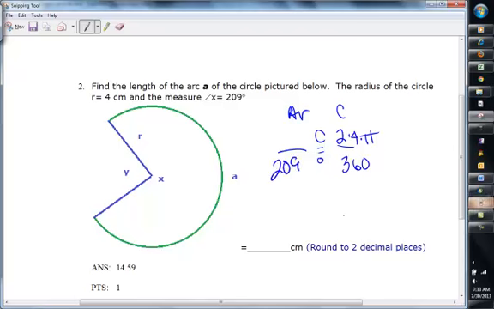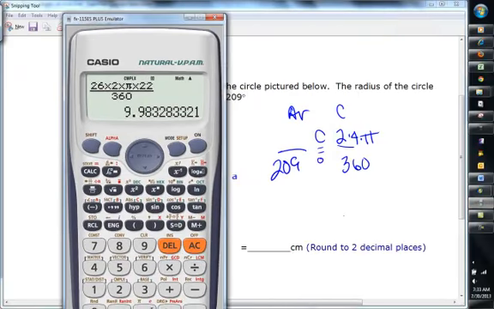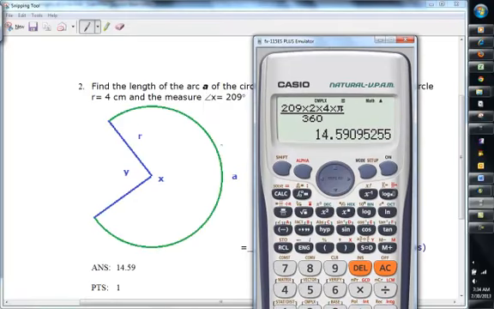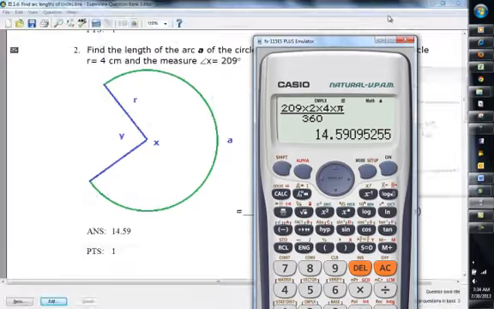So on our calculator, we've got the fraction 209 times 2 times 4 times pi over 360, and we get, when it simplifies, 14.59 centimeters. Next one.